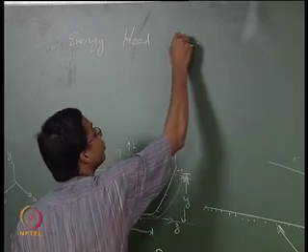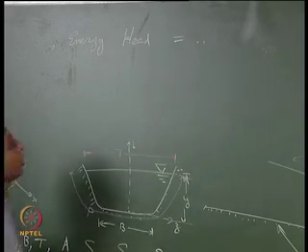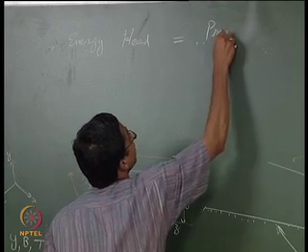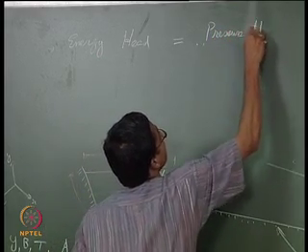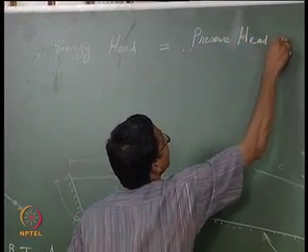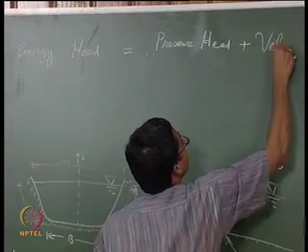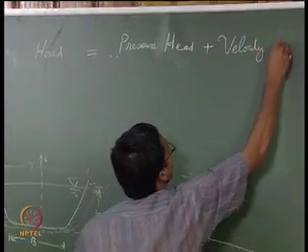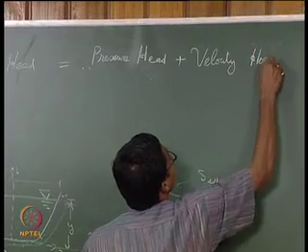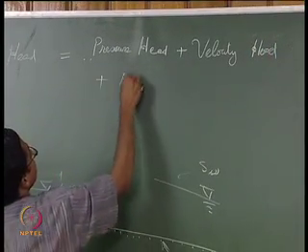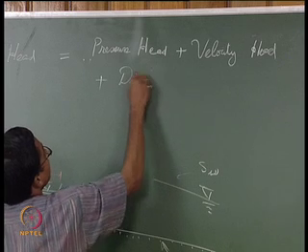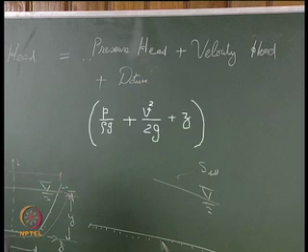And energy head, you might have studied, is a summation of pressure head plus velocity head plus datum head. You might have seen it like this, P by rho g plus V squared by 2 g plus z, in your undergraduate courses.